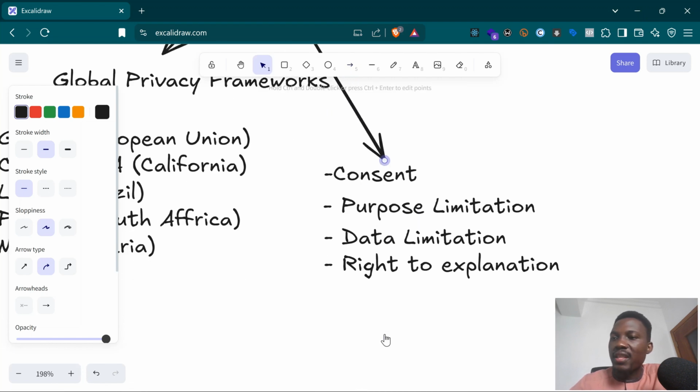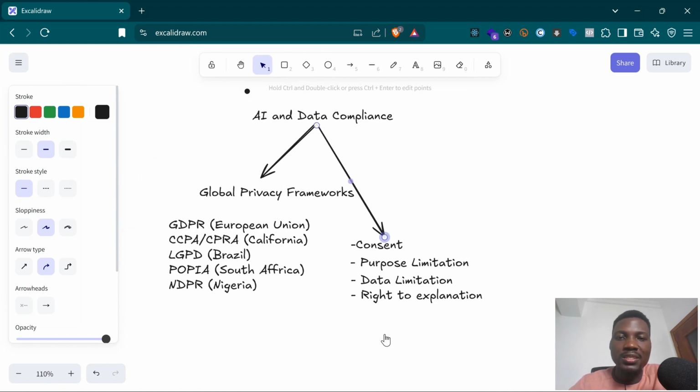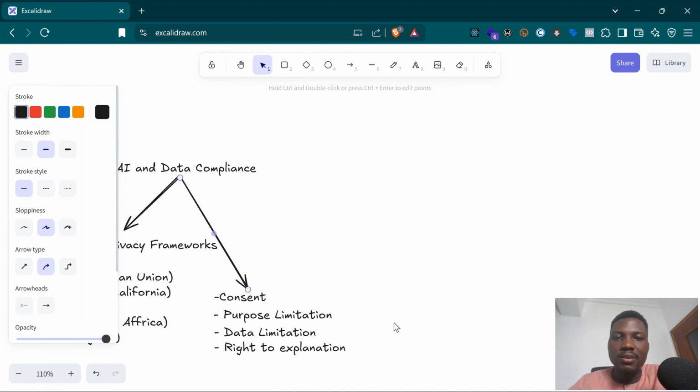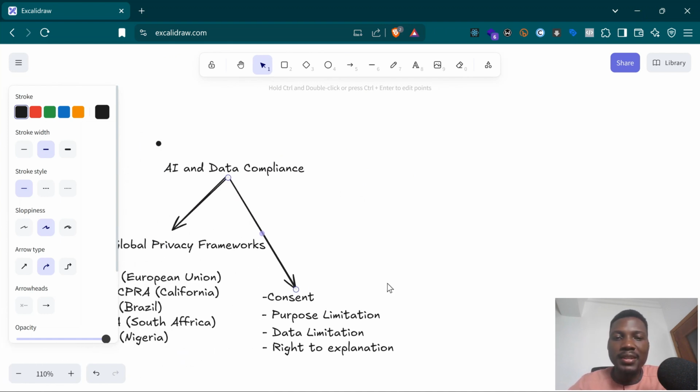Okay, so after that, the next thing is to look at the specific privacy challenges. Now, what are the privacy challenges that we have? When we talk about data compliance, what are the privacy challenges that we have? Let's take a look at some of the challenges, and let's see how we can also mitigate those challenges.